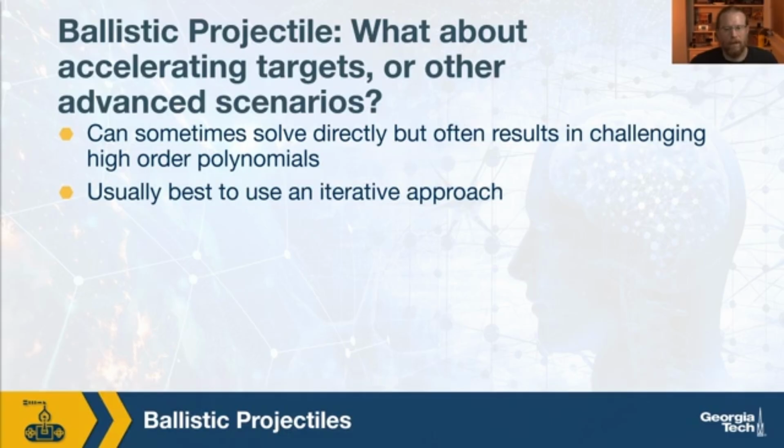So we will maybe lose the ability to use the quadratic formula and have to use some other approach. And in some cases, that might not even be possible. So when things get more complicated than the approaches we've already seen for directly solving, you're generally going to want to go to an iterative solution.